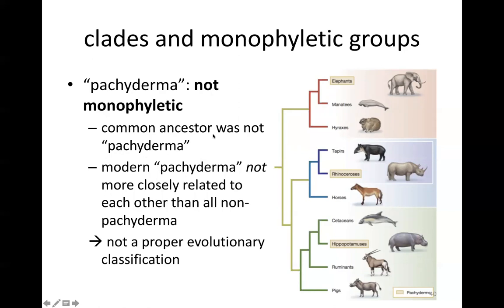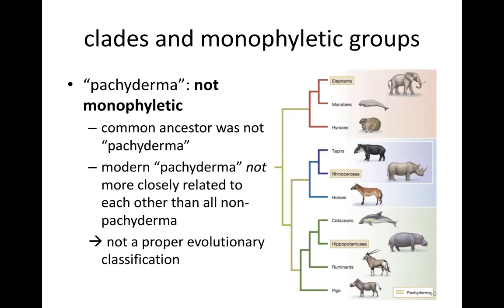So can Pachyderma represent a true clade? Are they a monophyletic group? Again, the definition of a monophyletic group was a group that shares a common ancestor, they're closest relatives of each other, and there's no other non-group member within that clade.